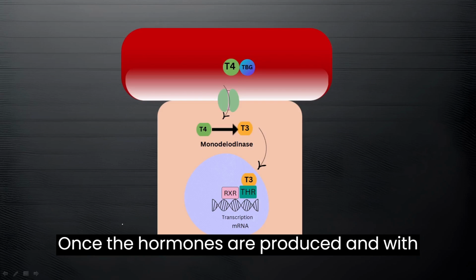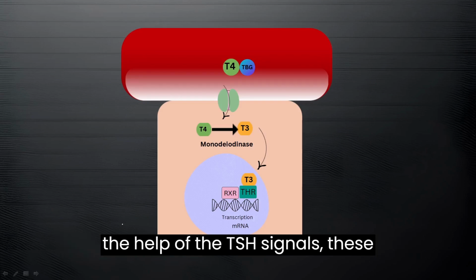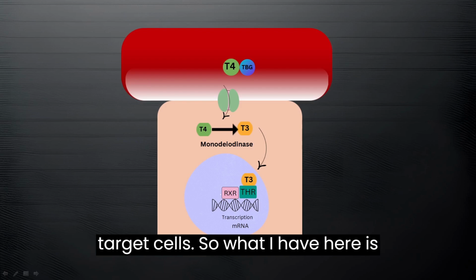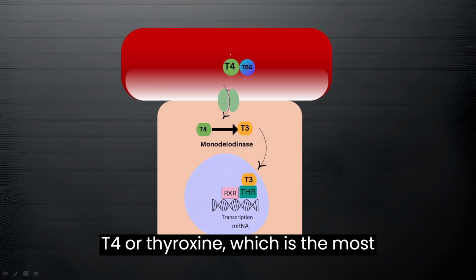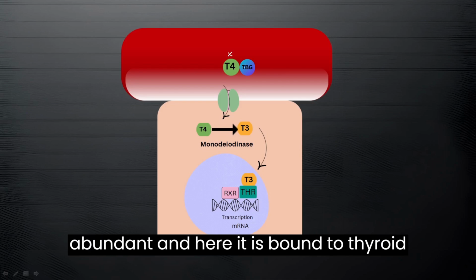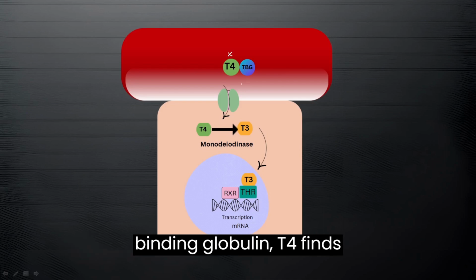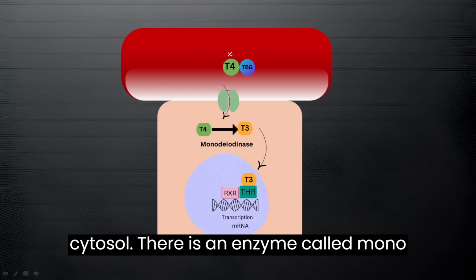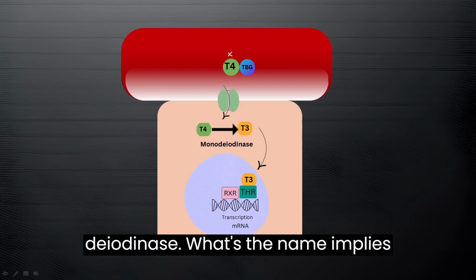Once the hormones are produced, and with the help of the TSH signals, these hormones are transported into their target cells. So what I have here is T4 or thyroxine, which is the most abundant, and here it is bound to thyroid binding globulin. T4 finds itself in the target cell. Inside this target cell, that is the cytosol, there is an enzyme called monodeiodinase.